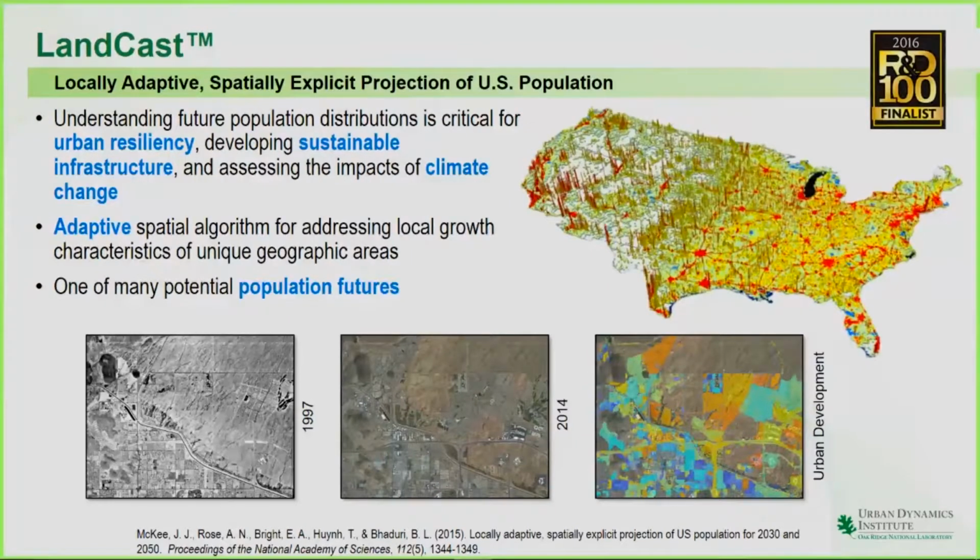So it's a projected distribution of gridded population for the contiguous U.S. Originally, this was developed for the Department of Energy, to be able to meet the future energy demand and decide where to site future energy infrastructure to meet that demand of a growing population.